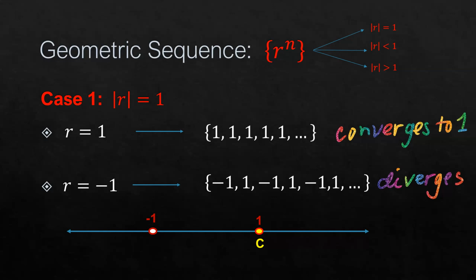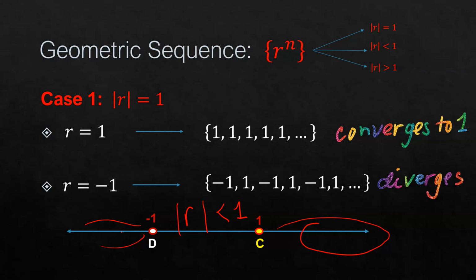And then if r is -1, then the sequence diverges because it bounces back and forth between 1 and -1. Now in between here is when the absolute value of r is less than 1, right? And the exterior here and there are when the absolute value of r is greater than 1.